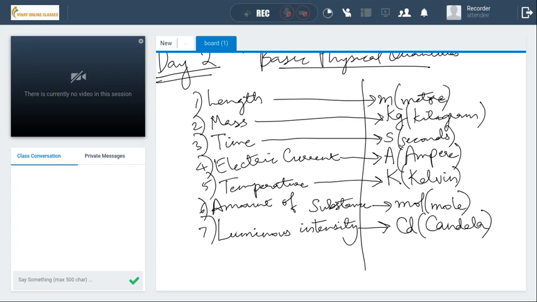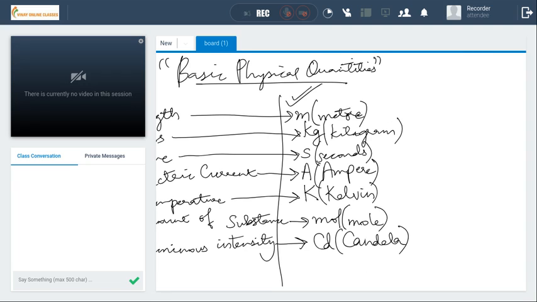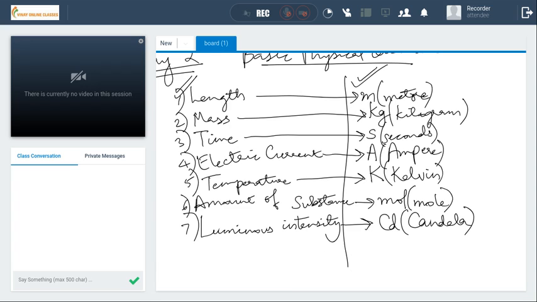Okay, so basic physical quantities and their SI units, these are very important. So some things will be very different for you because you might have not heard about moles. Okay, we'll study that later in this chapter.